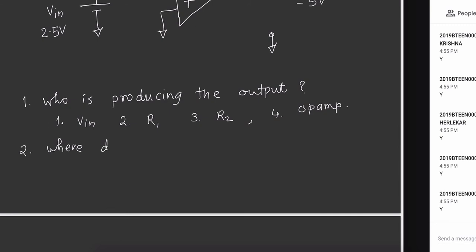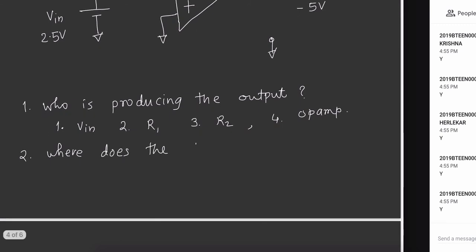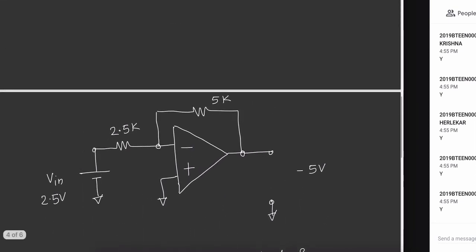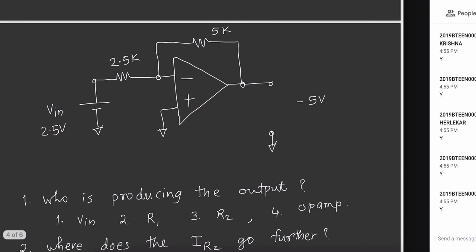Yes. Now let me ask you one more question. Where does the IR2 go further? Now what does it mean? It means this. We have written down, let me make it bigger or thicker.